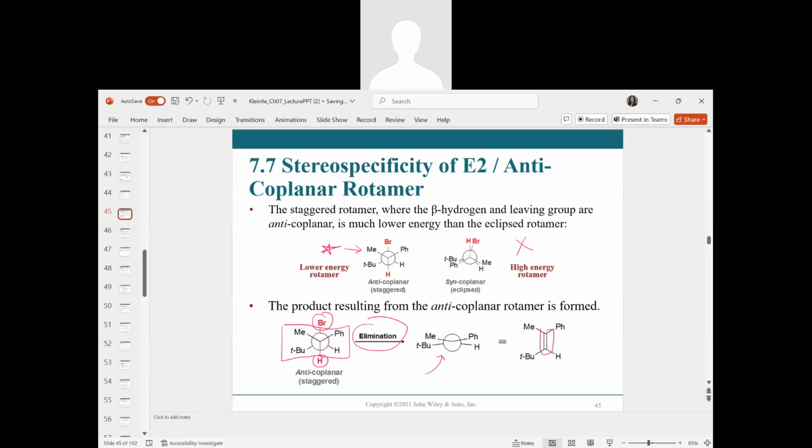So what we see here is that the methyl and our tert-butyl are on the same side of the double bond, and then our phenyl and our hydrogen are on the same side of the double bond. So we can see that in this Newman projection with the bromine and the hydrogen removed, and we can see it over here in that same orientation when we add that double bond.